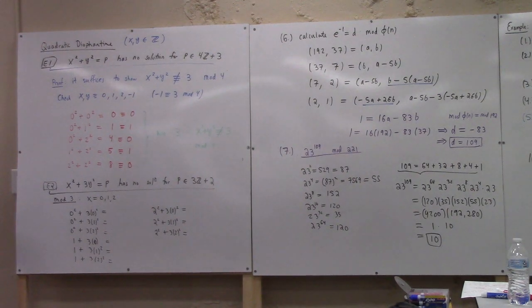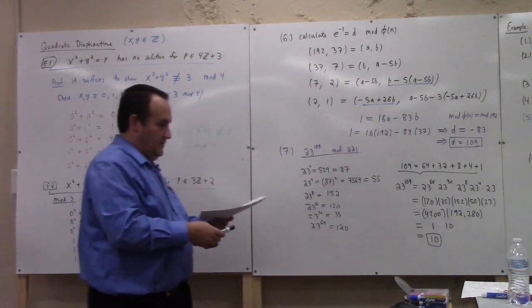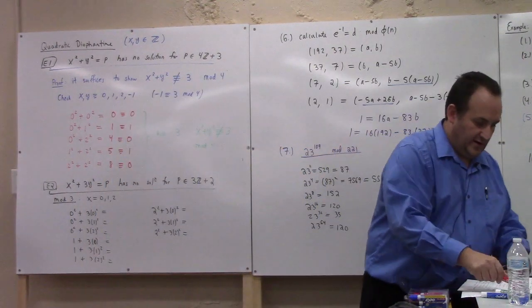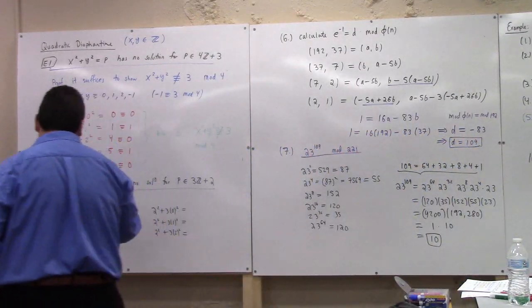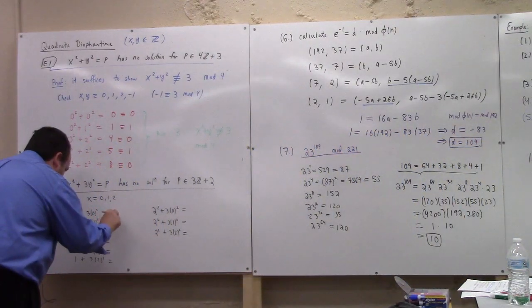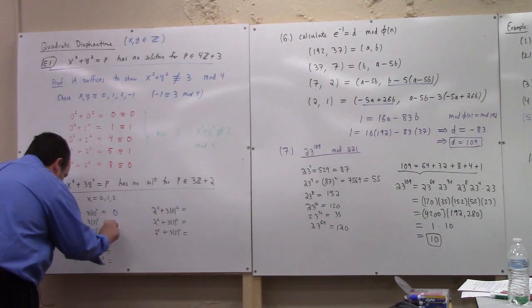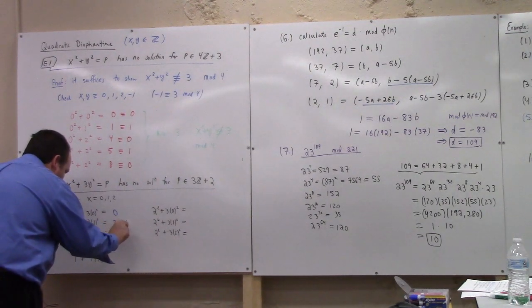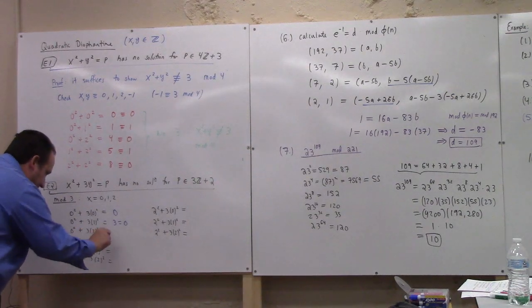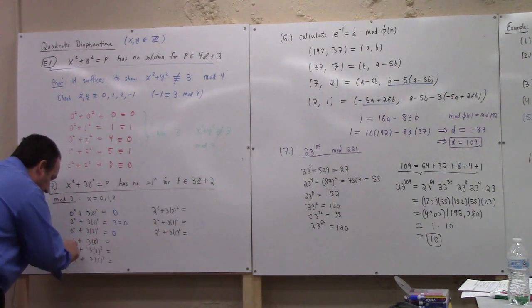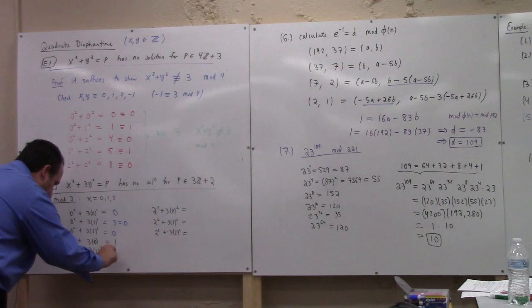But you work it out, what do you get? So you got 0. You got 3, which is 0, by the way. So that's 0. That's 1.